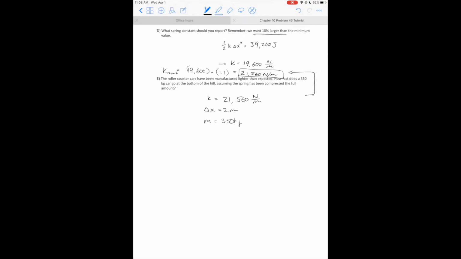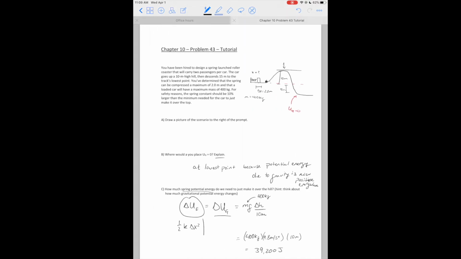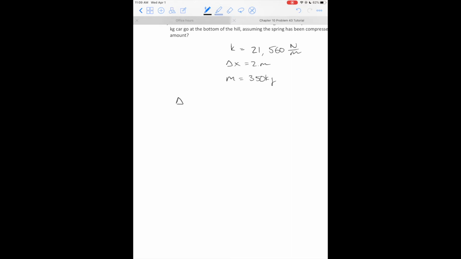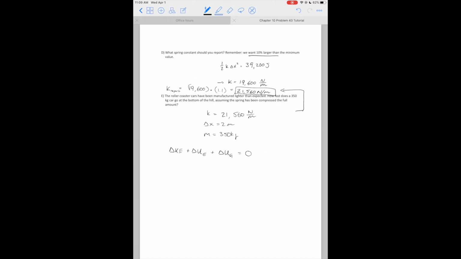And if we go back to our picture here, I have some initial setup that I need to talk about, and this is going to be my final consideration. I actually don't need to worry about the hill. If I think this through, I know that the change in kinetic energy plus the change in all my potential energies, so my elastic plus my change in gravitational, need to equal 0. They don't equal any work because we're assuming that we're on a frictionless track here.